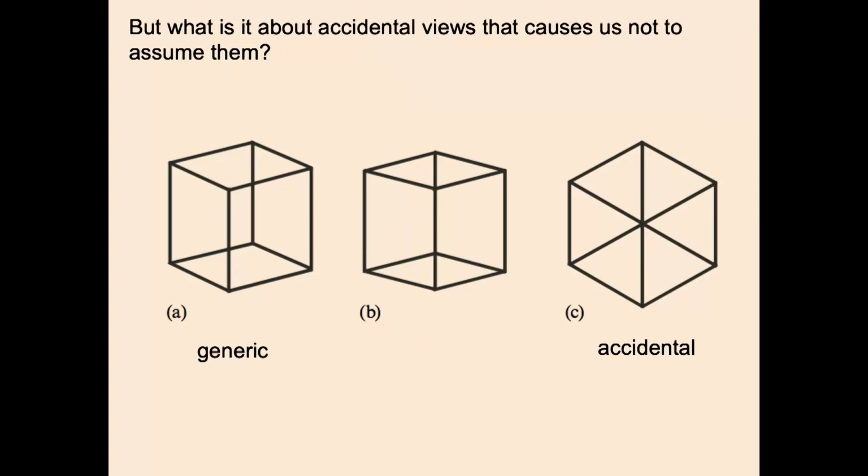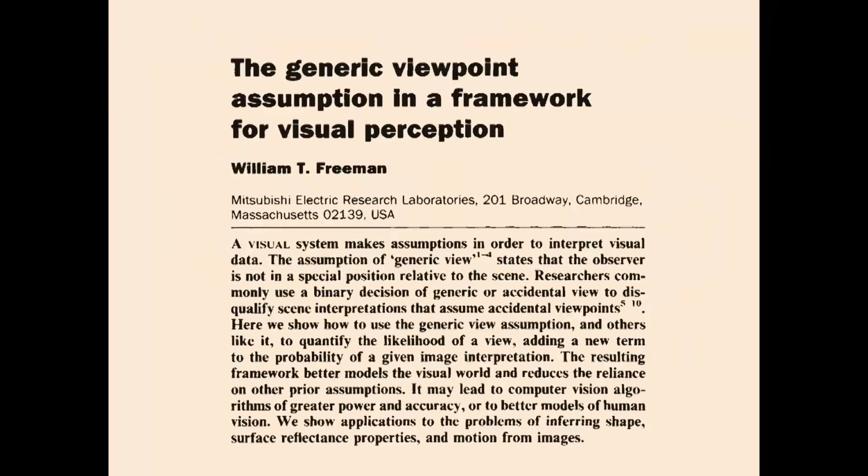So that's the idea of an accidental viewpoint. And it raises the question of what it is about accidental views that causes us not to assume them. Intuitively, you look at that image and the inference that it's a cube doesn't seem like the best idea, but it's hard to make precise. So there was this beautiful paper that came out in the mid-90s by Bill Freeman, a well-known computer vision researcher who works in CSAIL.